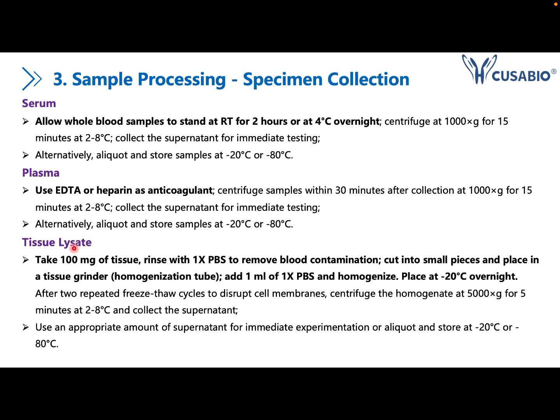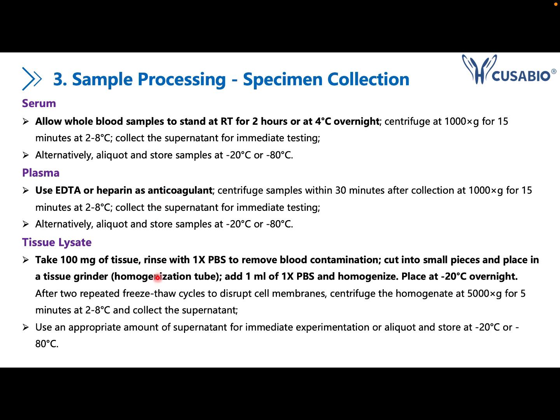To homogenize the sample, use PBS. Then place it at -20 overnight, and repeat 2 rounds of freeze and thaw cycles to disrupt the cell membrane. Then centrifuge and collect the supernatant.